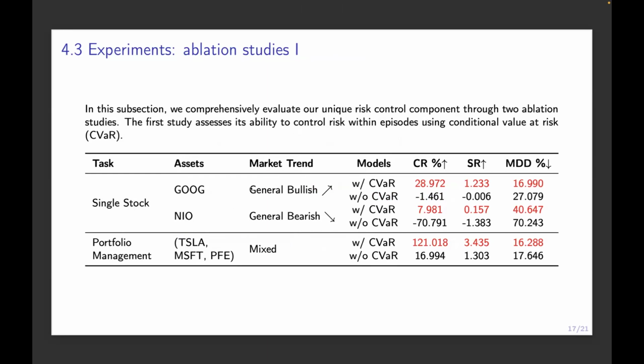Google basically represents a bullish market condition, and NEO represents a bearish market condition. As you can see, with and without CVaR, FinCon performs dramatically differently, which shows this CVaR mechanism is very effective.